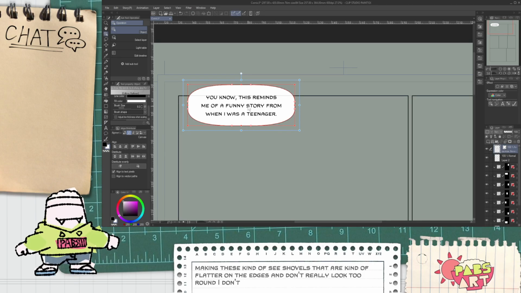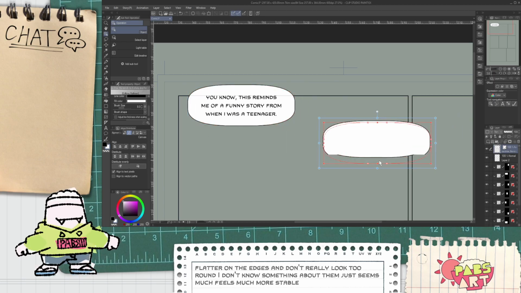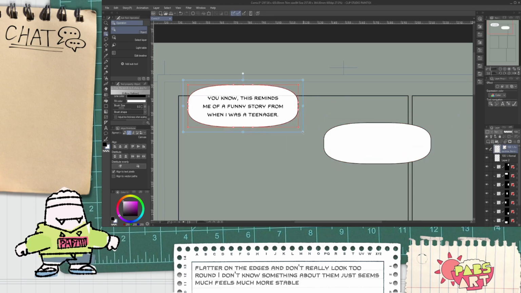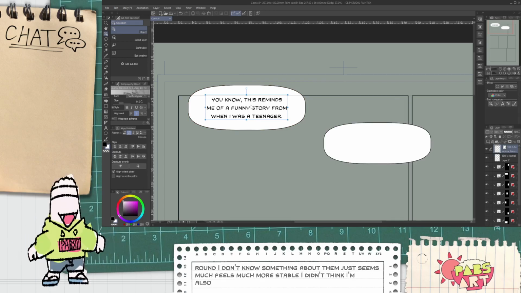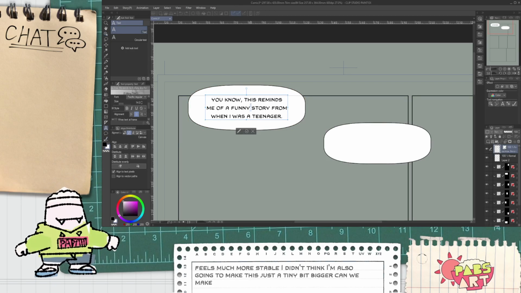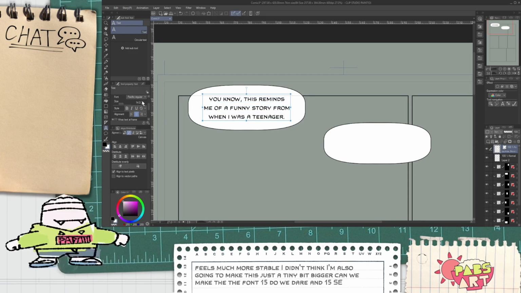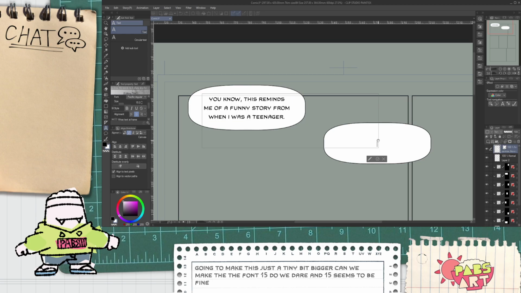Something about them just feels much more stable. I'm also gonna make this a tiny bit bigger. Can we make the font 15? Do we dare? Yeah, 15 seems to be fine. Okay, there we go.